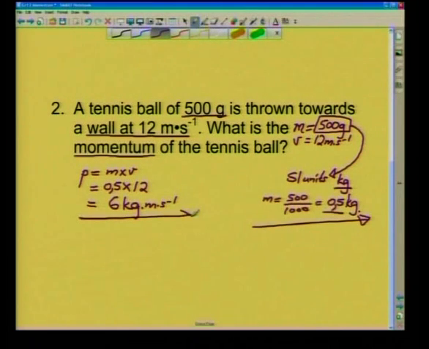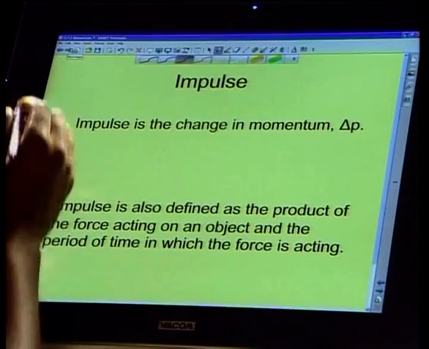So that is the momentum of the tennis ball. Right. So simply, these are the basic things that you need to know in momentum, being able to calculate simple calculations. And it is going to get a bit more complex as we move on, but it starts here. If you master this, then you'll understand every other section that we're going to deal with in terms of calculations in momentum.